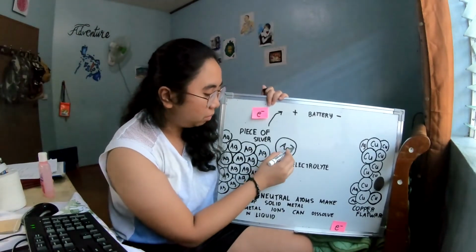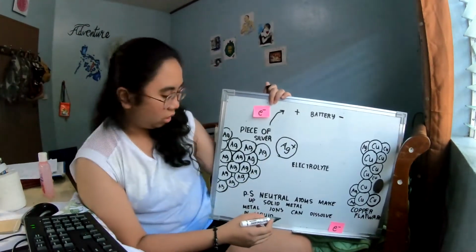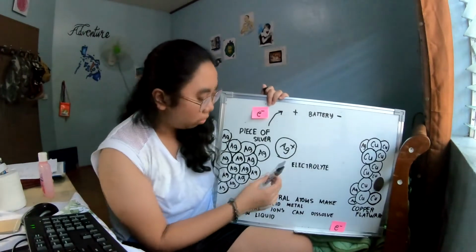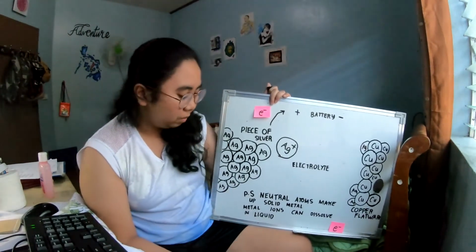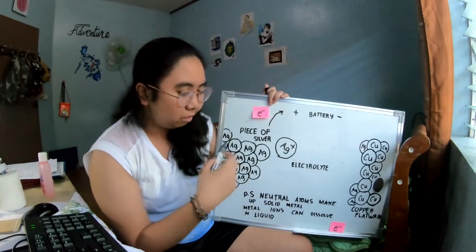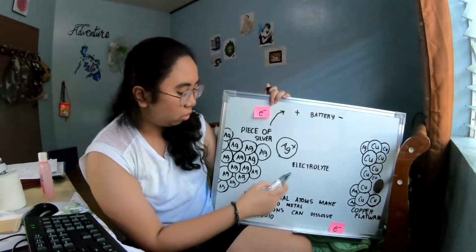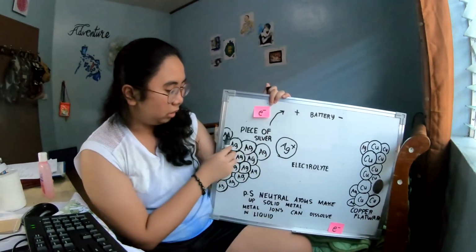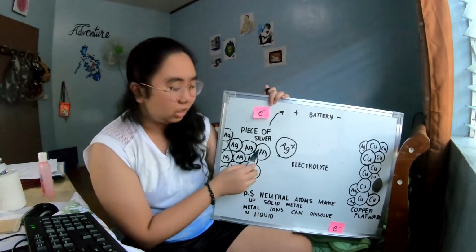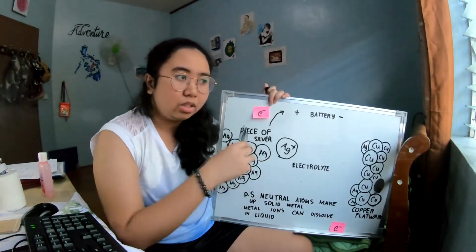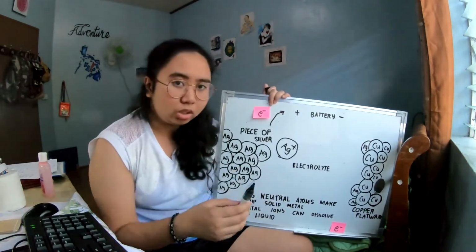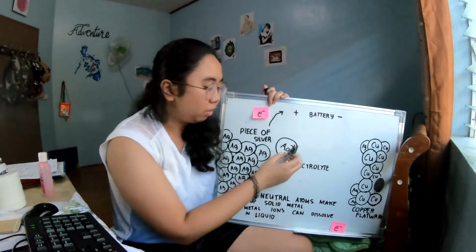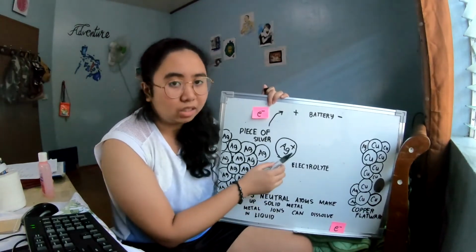It will become Ag plus, so it will become an ion. Since it already became an ion, it will no longer be part of this solid piece of silver, because that is neutral. Since we changed the charge of this Ag by pulling one electron out of it, it becomes positively charged.